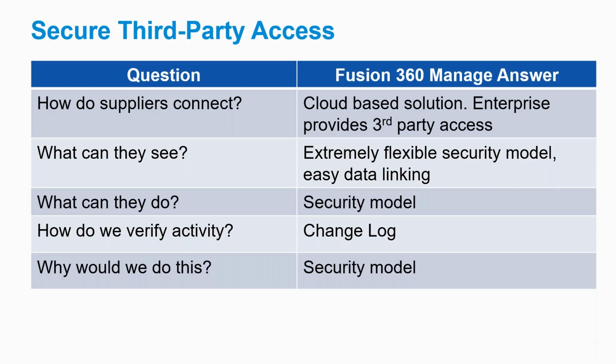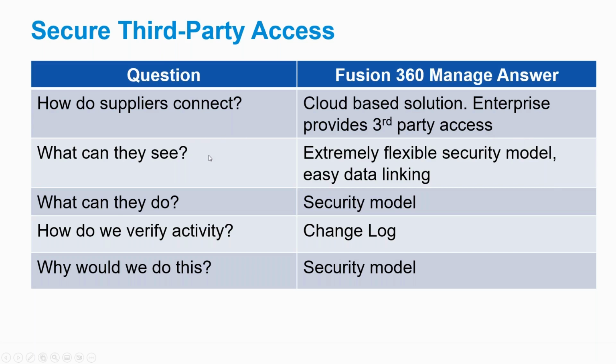The alternative would be that your supplier would need a license of Fusion Manage, but there's some incredibly cost-effective ways for people to do that, depending on what they need to do. And even the full license type for all access within Fusion Manage is incredibly cost-effective, to the point where I can't imagine the cost would be an issue given what you can get out of it.